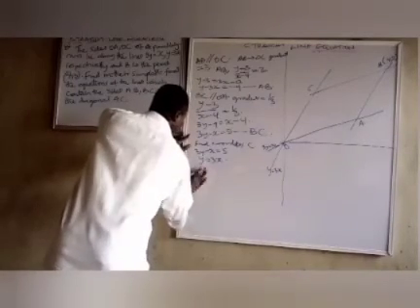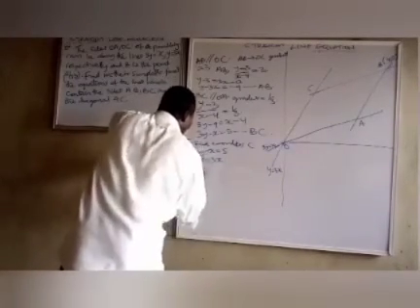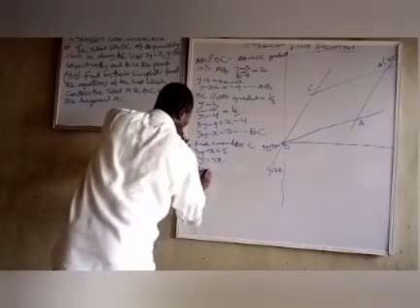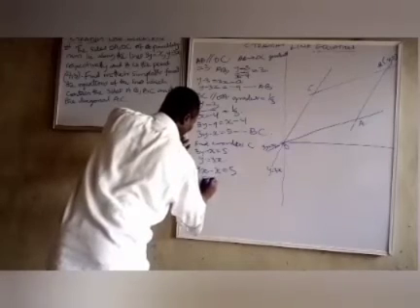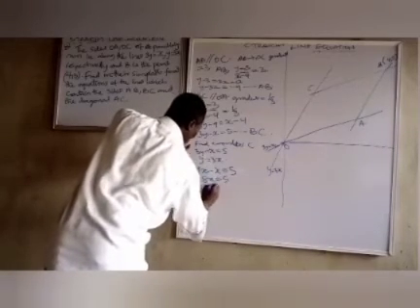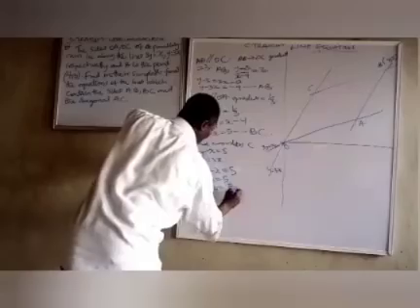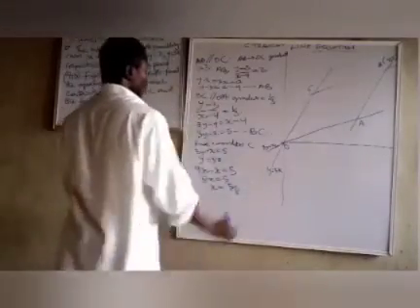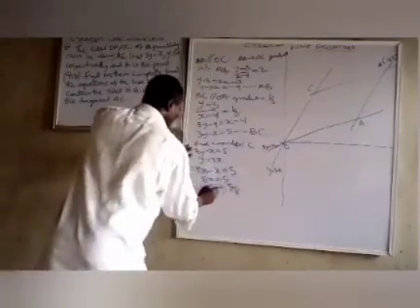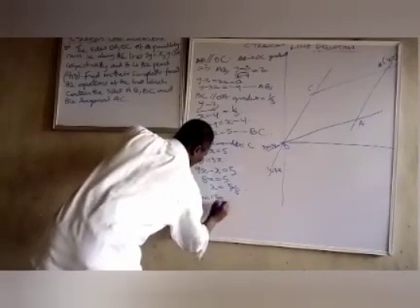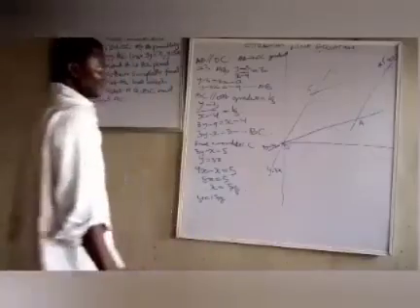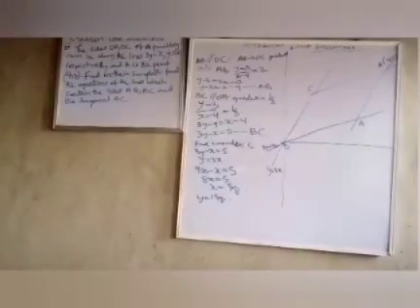That will give me 9x minus x equal to 5. So 8x equals 5, x equals 5 over 8. And if x equals 5 over 8, y will be equal to 15 over 8. That is for point C.